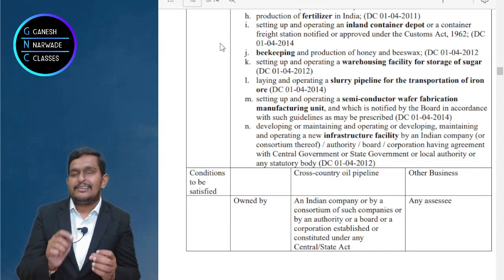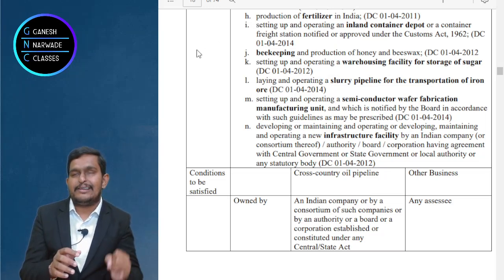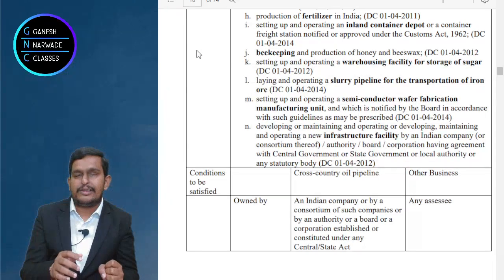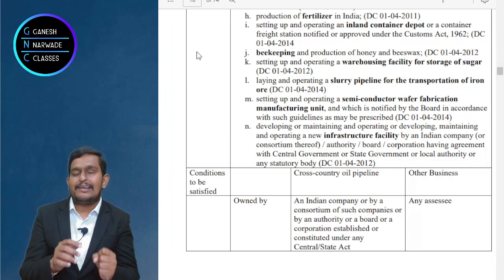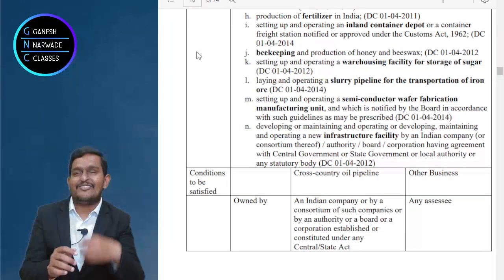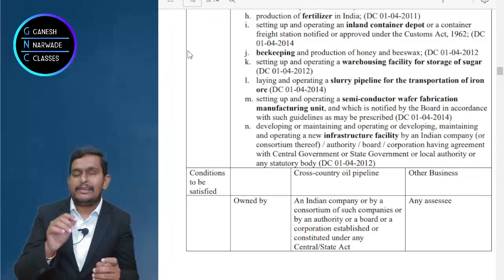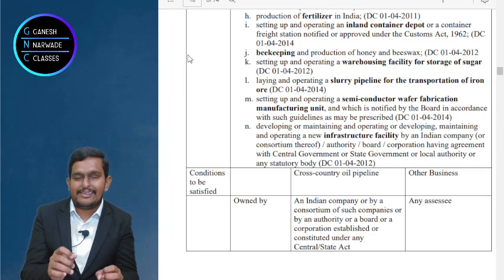Then I said fertilizers, honey beekeeping, slum redevelopment, affordable housing projects, inland container depots, warehousing for storage of sugar, infrastructure development. I also said semiconductor wafer fabrication manufacturing unit.